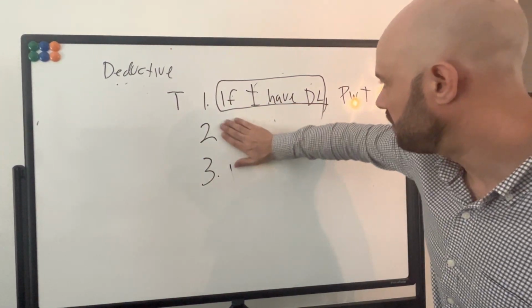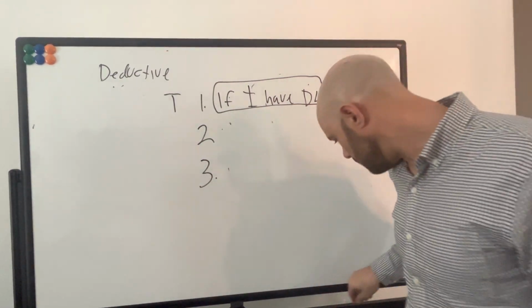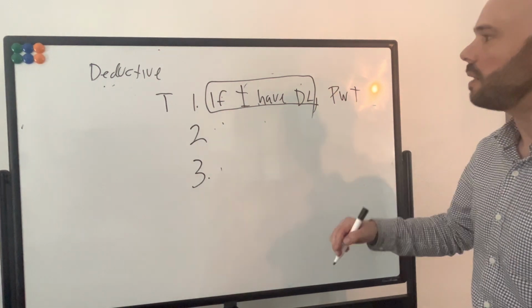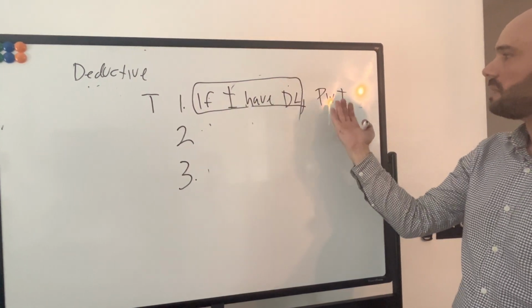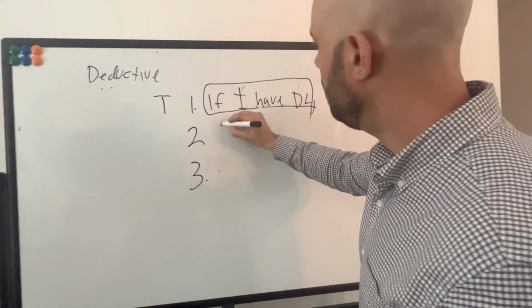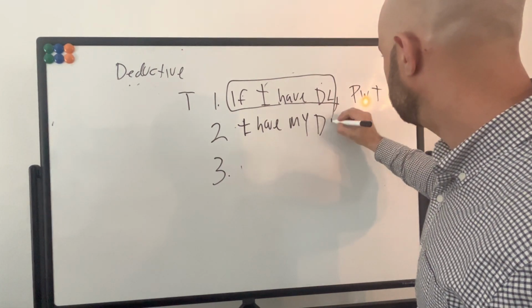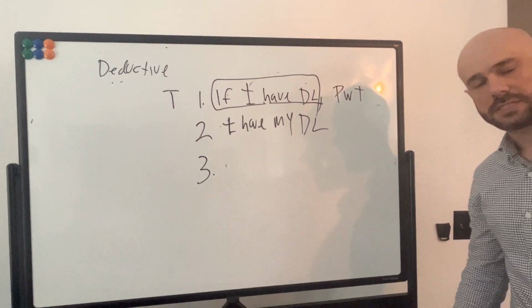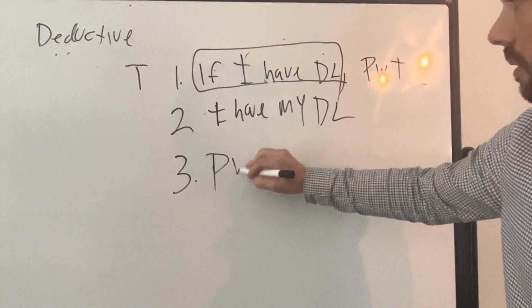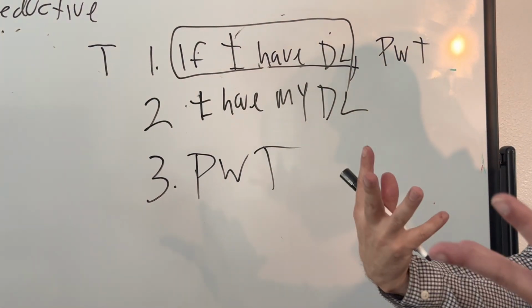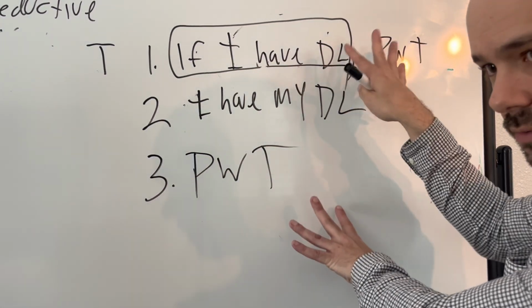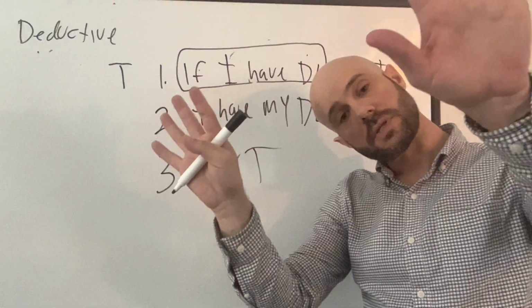Now, if that was slightly difficult for you to see, I want to put it a different way. If I have my driver's license, I pass the written test. I have my driver's license. I don't even need to put pass the written test in three, you know it already. This is the idea. So consider this concept related to the jigsaw puzzle piece concept.